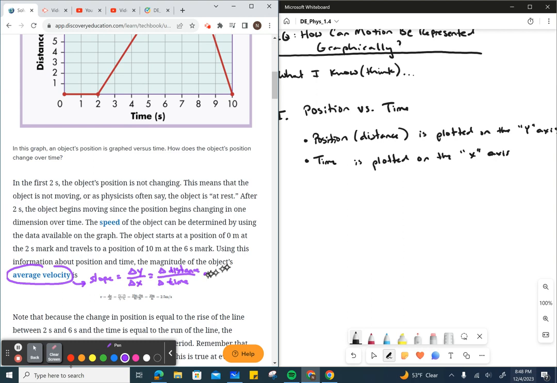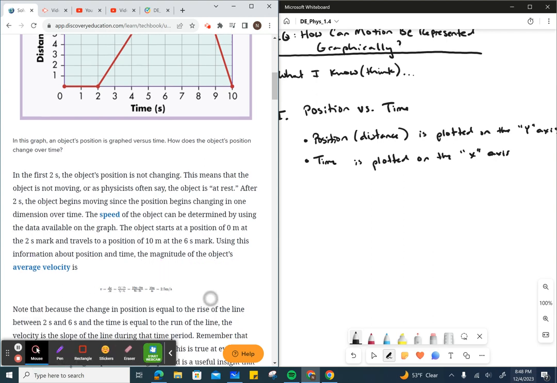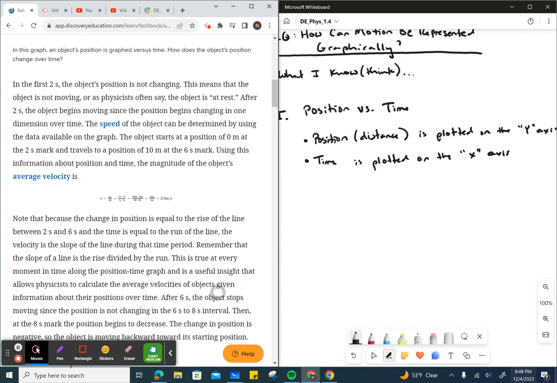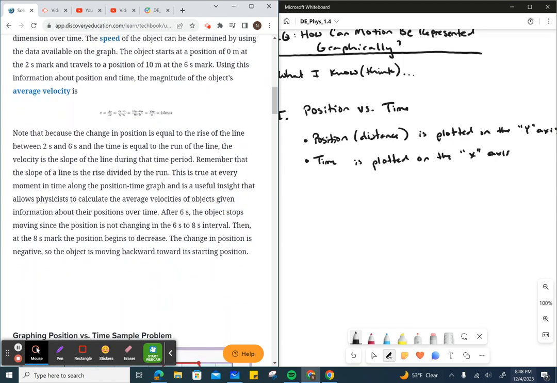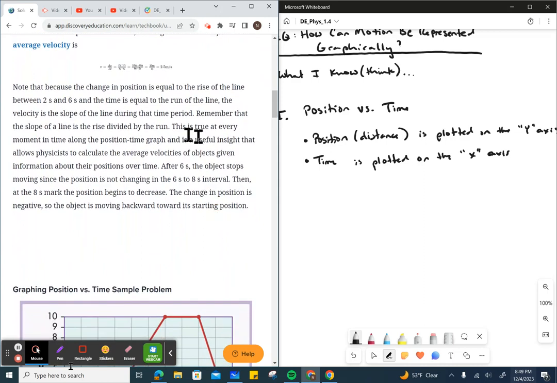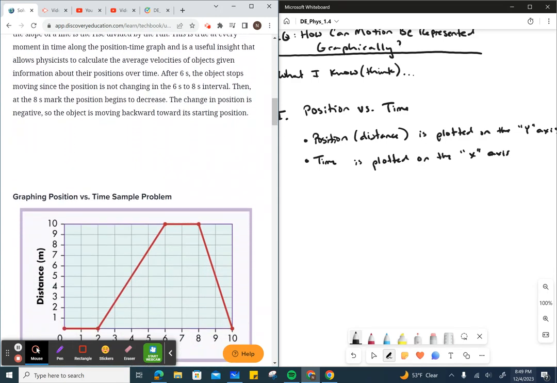You could say that it was your position final minus your position initial over your time final minus your time initial. They show you with some numbers actually plugged in there, and they go on to explain that.